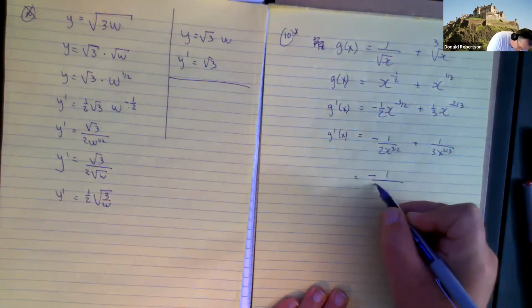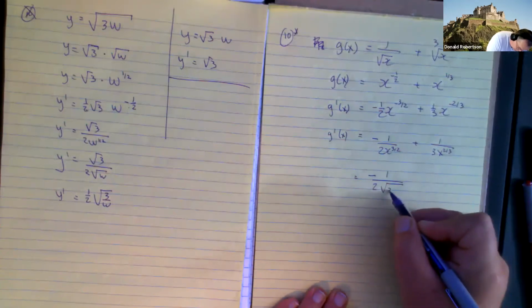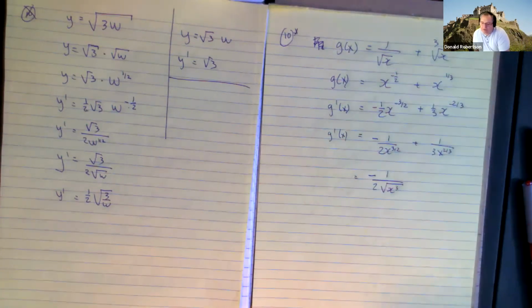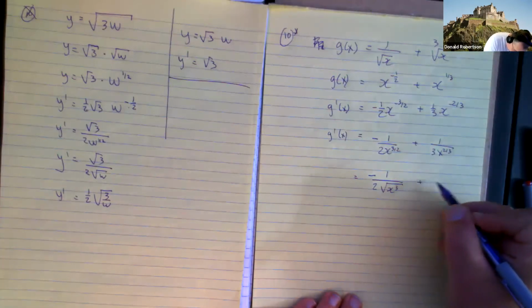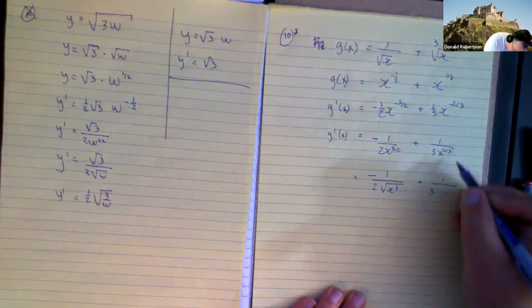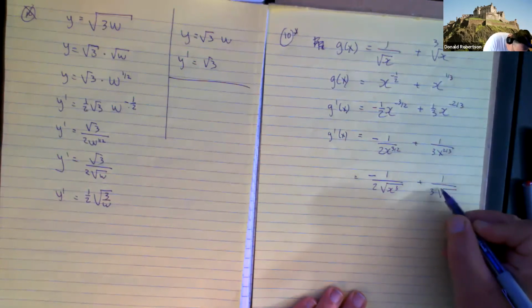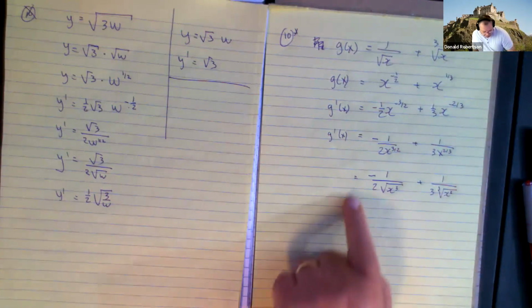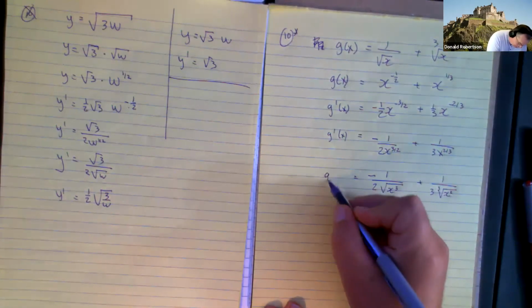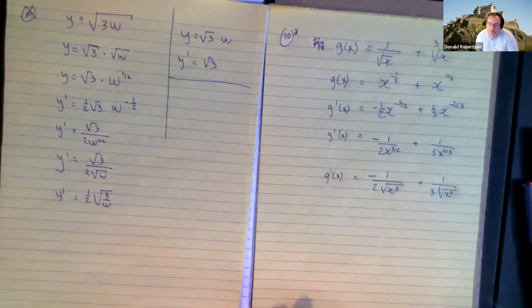And x to the 3 halves is the square root of x cubed. See what 3 halves looks like, right? Square root of x cubed. And 2/3, the 3 tells me it's a cube root, and the 2 tells me it's x squared. This is the answer in its style point format.